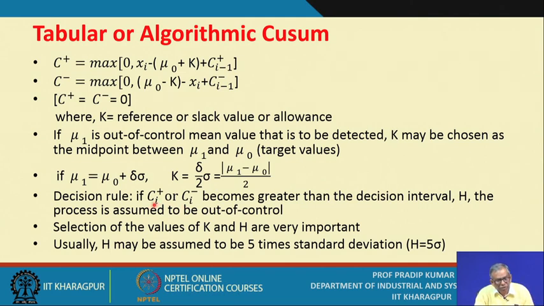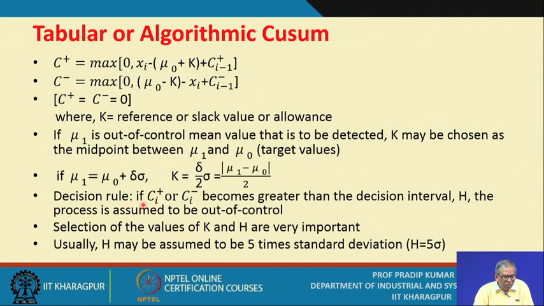You have to calculate Ci plus and Ci minus, both, using the two formulae, and then you continue this exercise. Is it okay? That means from the first period you go to the next period, time wise. In each period you get one sample. Okay, that is the assumption.